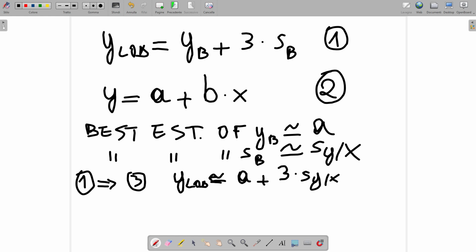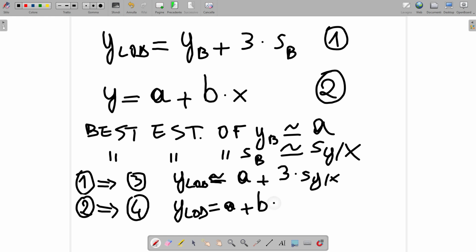Do you agree that also this equation holds true, equation 4? It comes from equation 2. Equation 2 implies equation 4, where YLOD is equal to intercept plus slope multiplied by x0. Is it true? Yes.